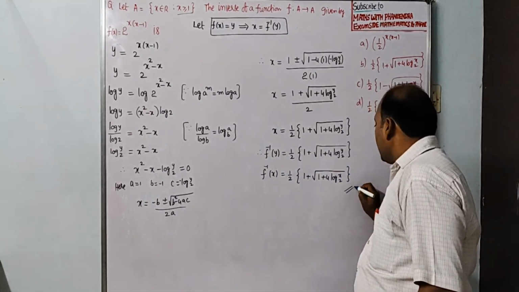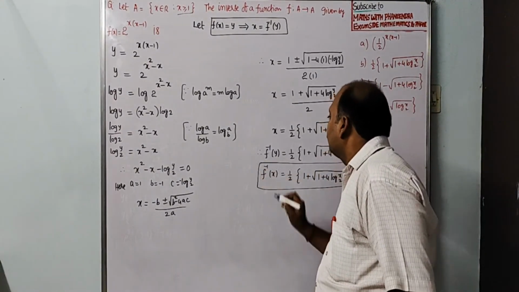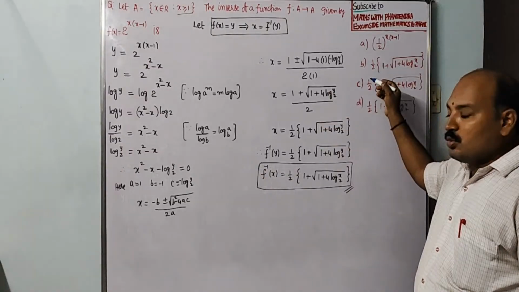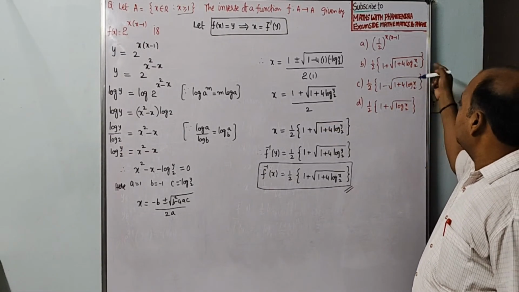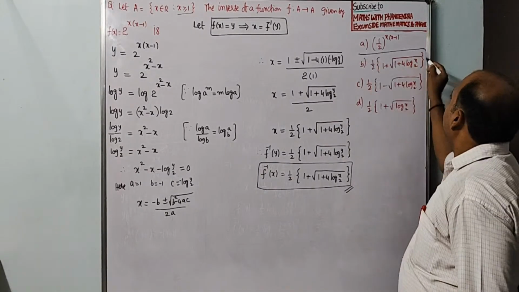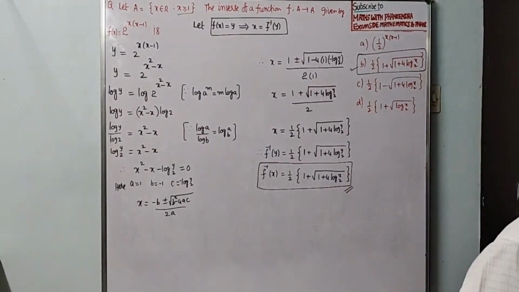This is the required inverse function for the given function. So 1 by 2, 1 plus root over 1 plus 4 log x to the base 2. Option number 2, dear students. Okay, we'll move on to another set of questions.